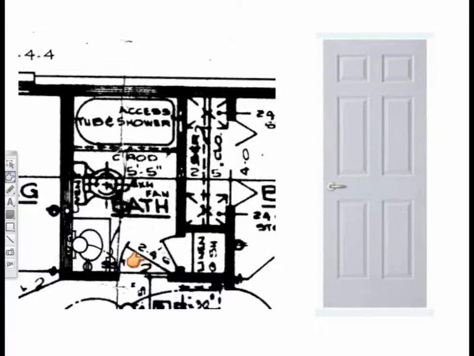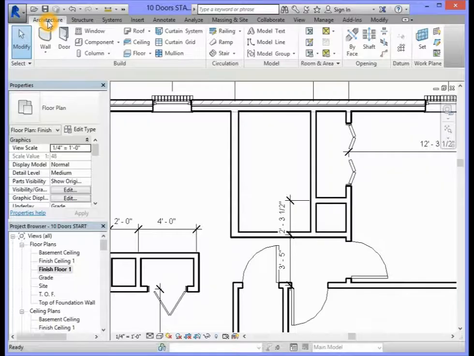To enter into the bathroom, you have a 6-panel interior door. The width of that door is 2 feet 4 inches. To insert the 2 foot 4 inch wide interior door, you will select the Architecture tab.